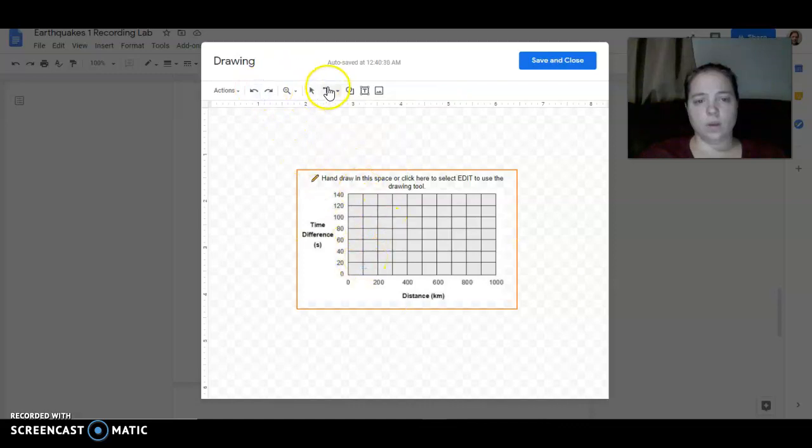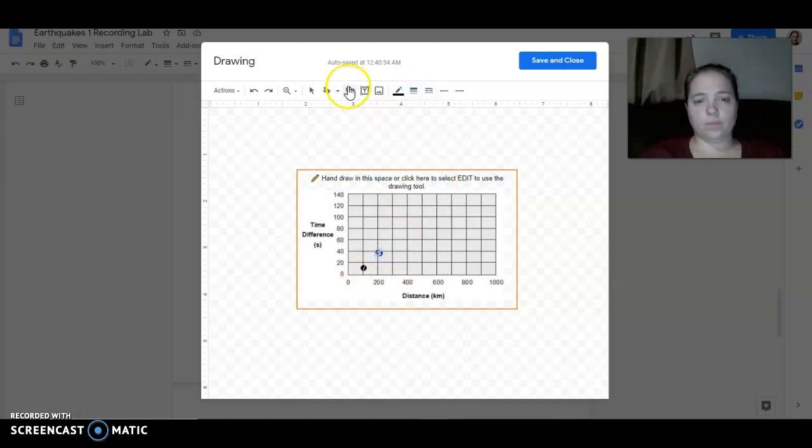Actually, let's see if elbow connector will work. Yeah, that's not going to work either. I'm going to do the Scribble and say it's right here. There's my 1. I'm just going to make it really, really big. My 2 is going to be right here. I'm going to make this big.